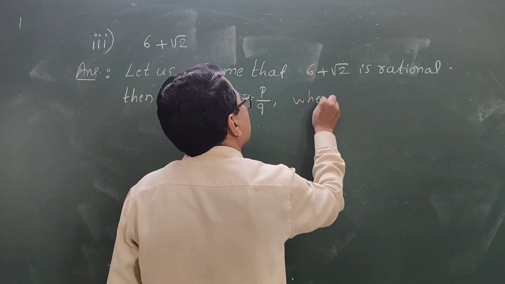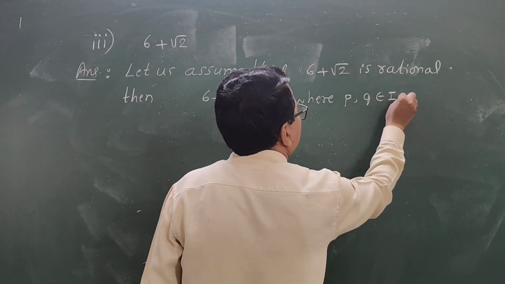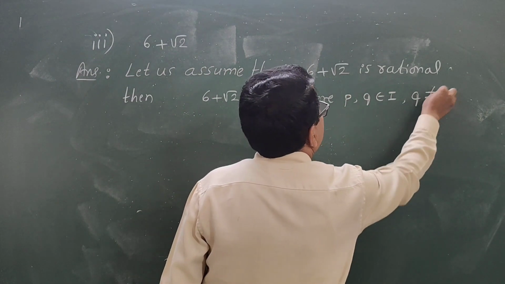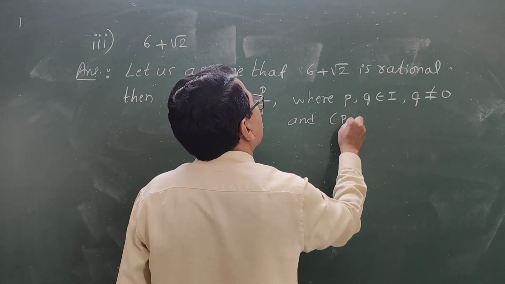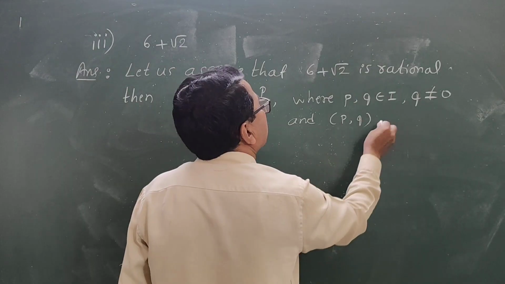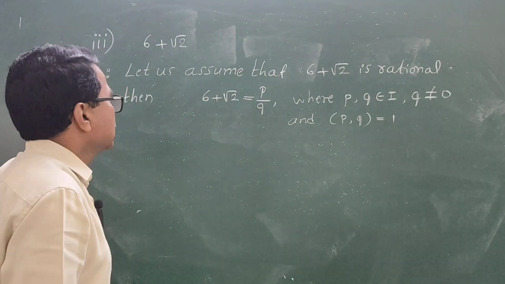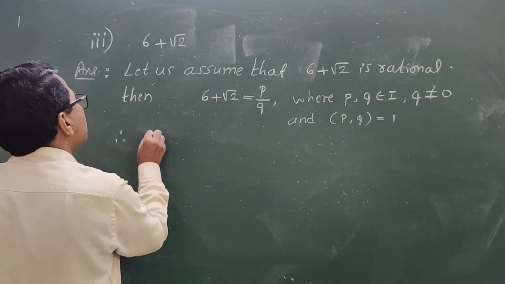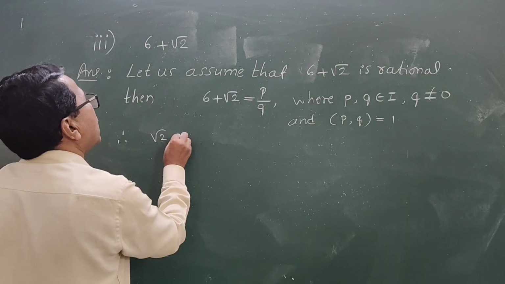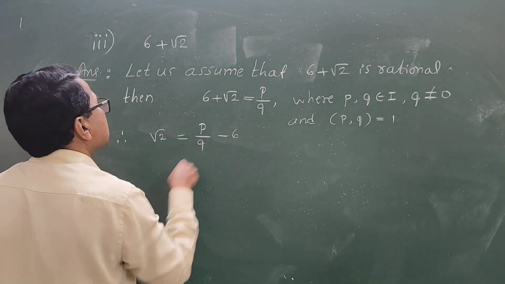where p, q belong to I, q is not equal to 0, and HCF of p, q is 1, meaning p and q are co-primes. Okay, next step, therefore I'll keep square root of 2 this side and take 6 on that side: p by q minus 6.